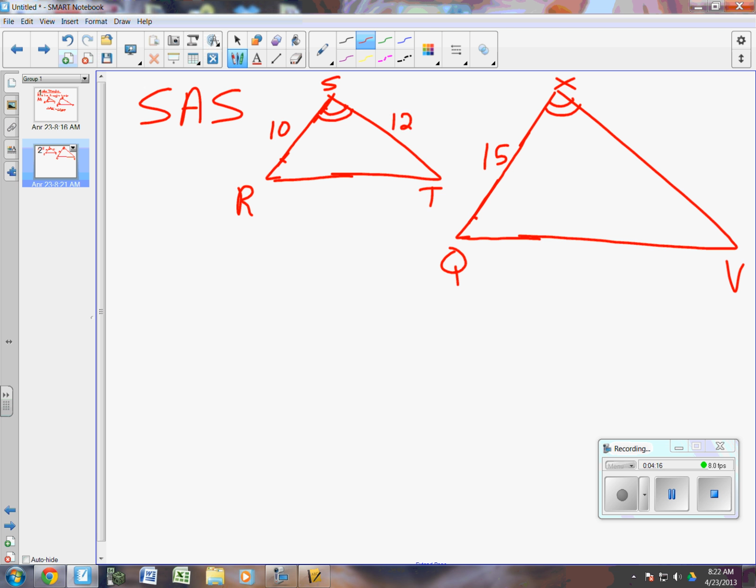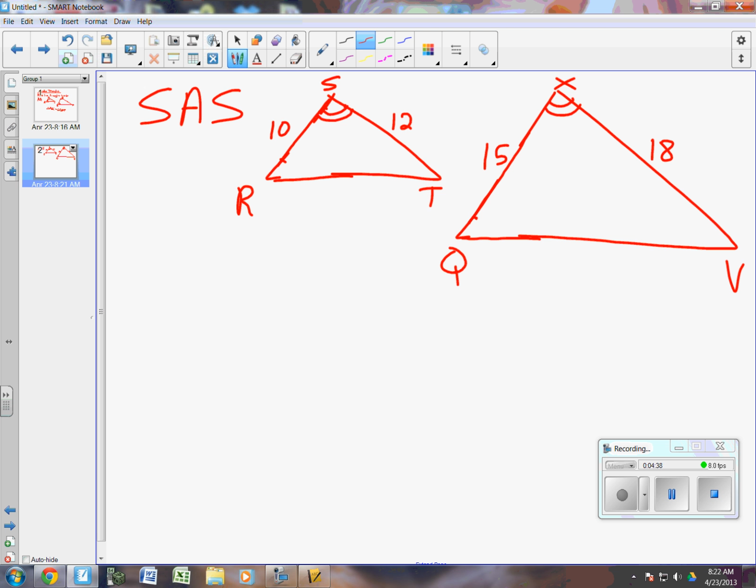And side XV is 18, something like that. First of all, I need to see if the two sides are proportional. What does it mean for two sets of sides to be proportional?